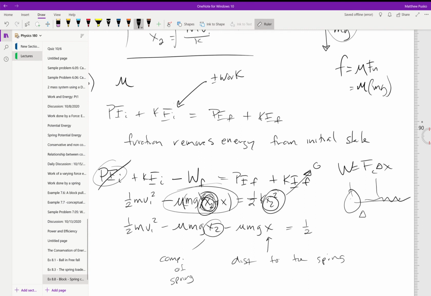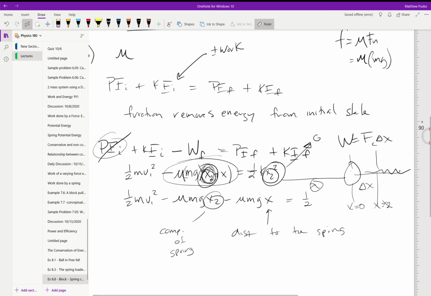That's our delta x, from x equal to 0 to x equal to x2. And it also traveled that distance all the way to the plunger x, so we'd have to include it also. But that's a constant value. It's not something that we're solving for algebraically. And that all turns into 1/2 kx2 squared.